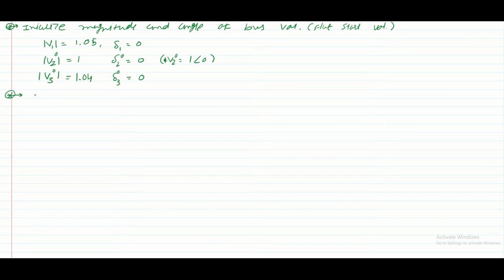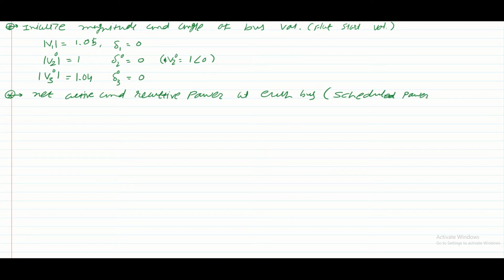You can write net active and reactive power at each bus, or you can say scheduled power. Okay, so let's start from bus number 2.